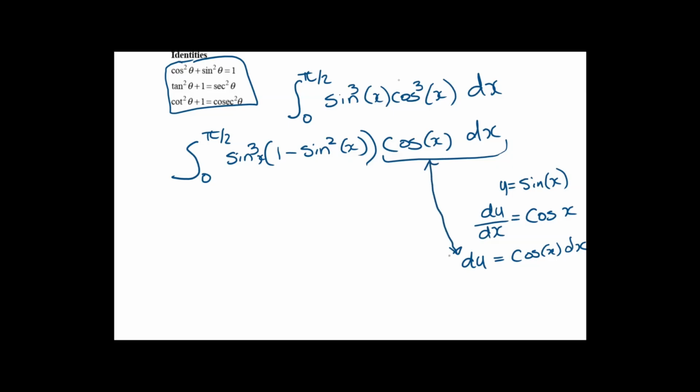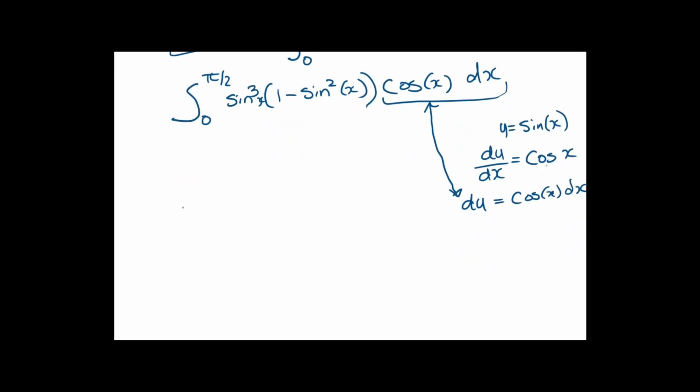Is that clever? So we can replace these sines and x's with u's. So we need to change the limits. So sine of 0 when we apply u, sine of 0 is 0, and sine of pi over 2 is 1.